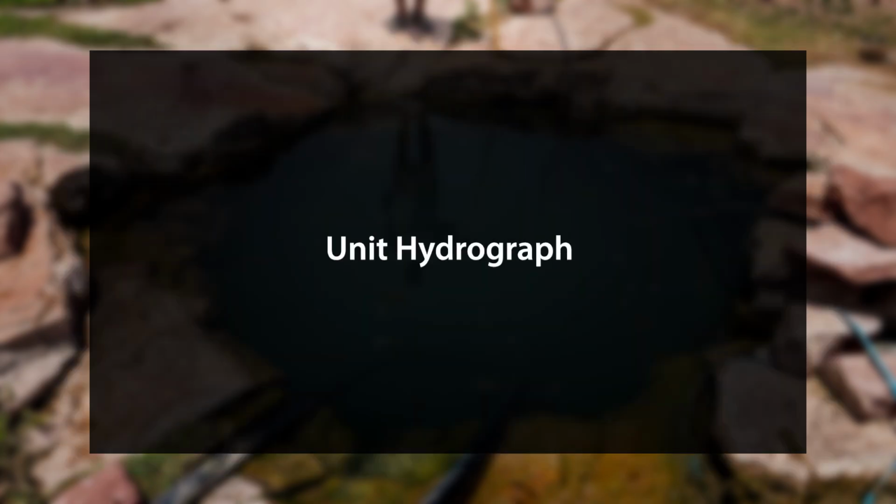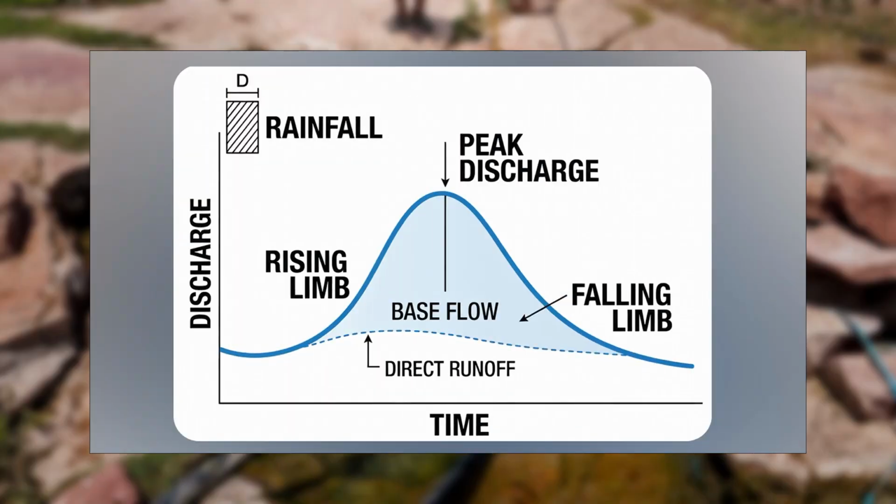So far as the unit hydrograph is concerned, one of the most basic ideas in hydrology, a unit hydrograph, often called a unit hydrograph, is frequently used to analyze the relationship between rainfall and runoff in a drainage basin. The unit hydrograph is a very useful and potent analytical tool despite its conceptual simplicity.